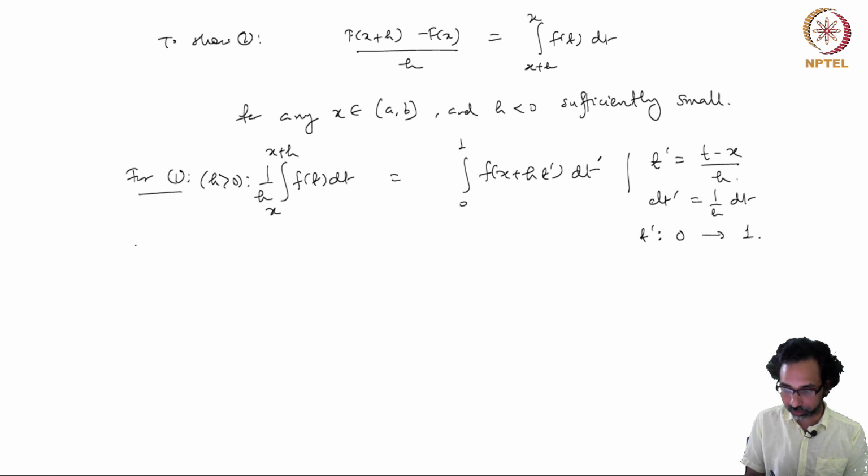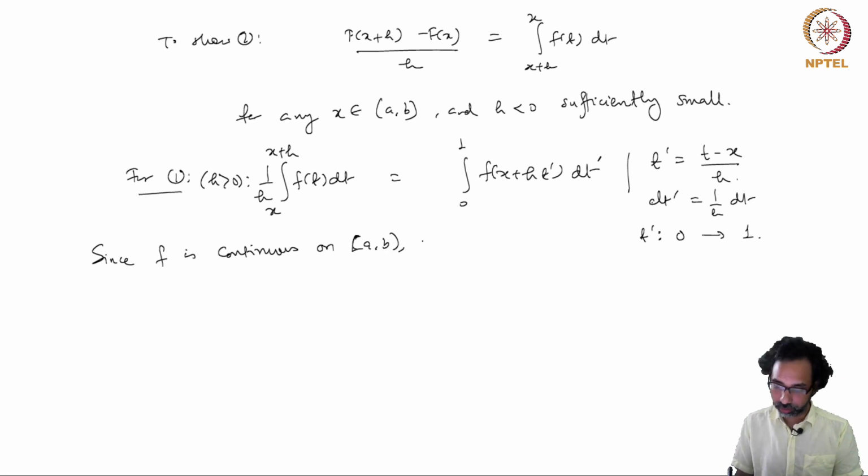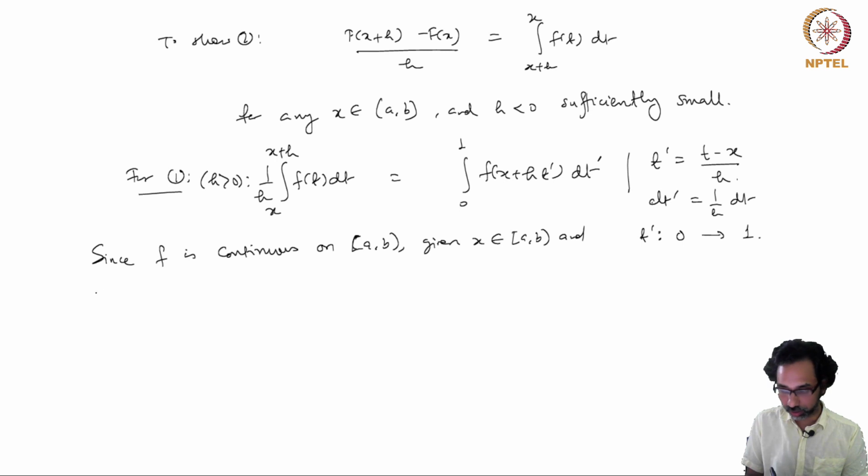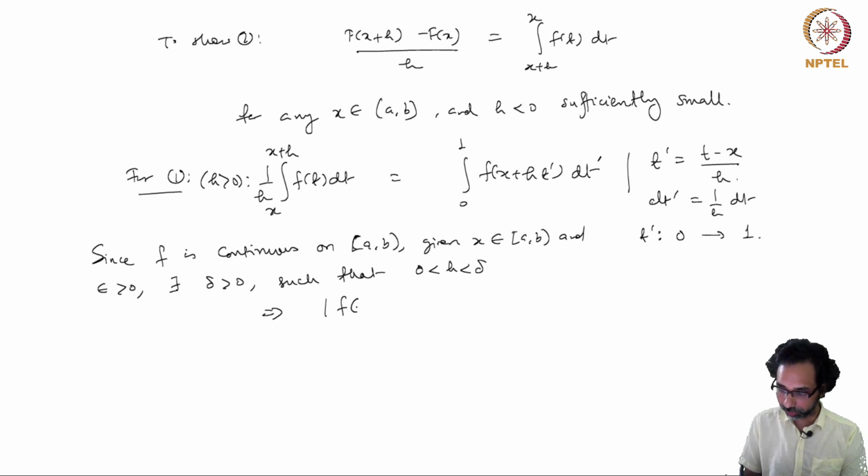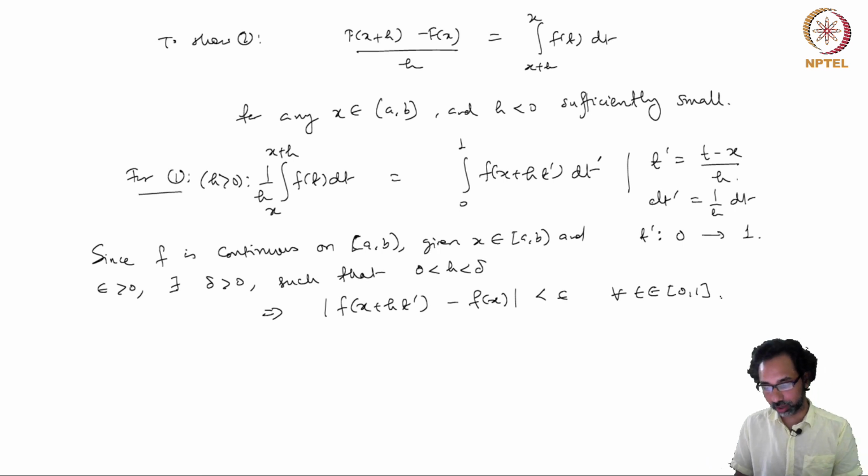So we are going to use the continuity of f. Since f is continuous on [a, b], given x in [a, b) and epsilon greater than 0, there exists a delta positive such that 0 less than h less than delta implies that |f(x + ht') - f(x)| is less than epsilon for all t' in [0, 1].